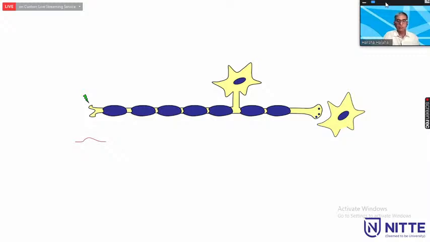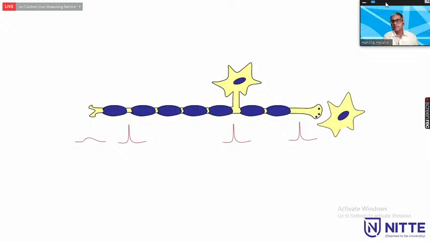So this local potential, if it is large enough, will lead to generation of a massive change in membrane potential called the action potential. And this action potential would travel down the neuron to the other end of the neuron, where in this case it would reach a synaptic terminal on the alpha motor neuron.